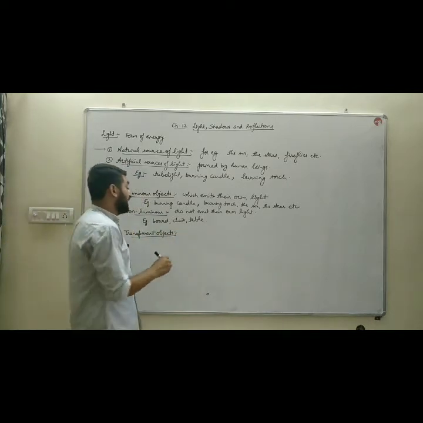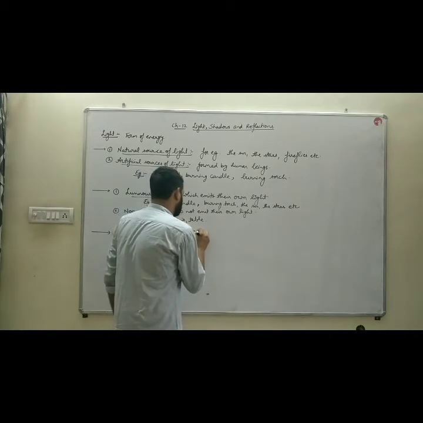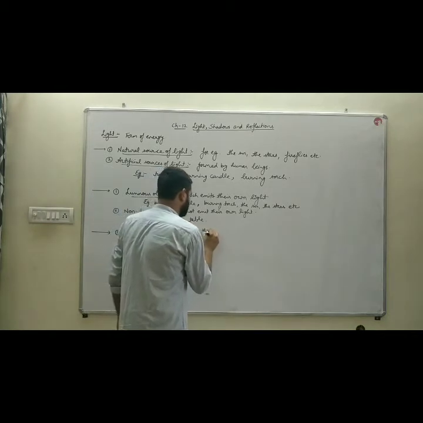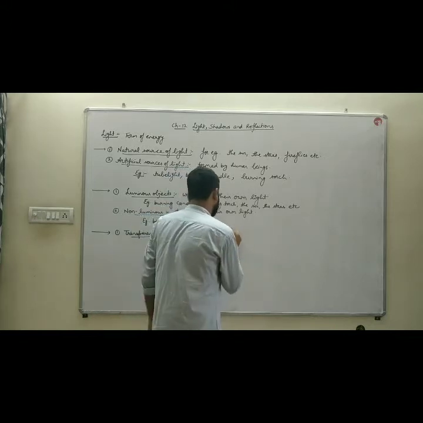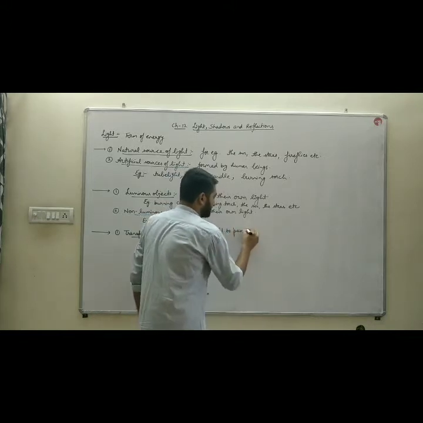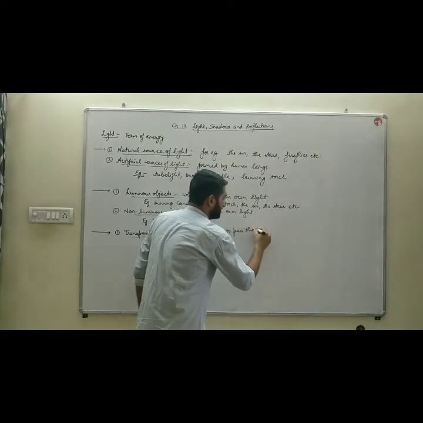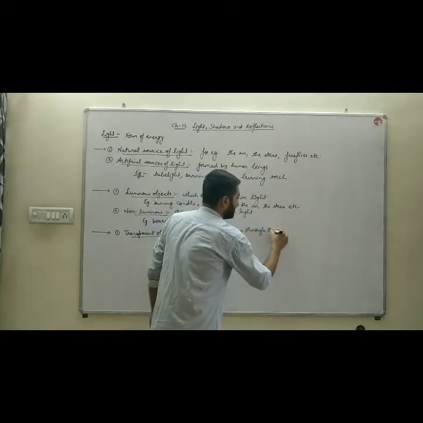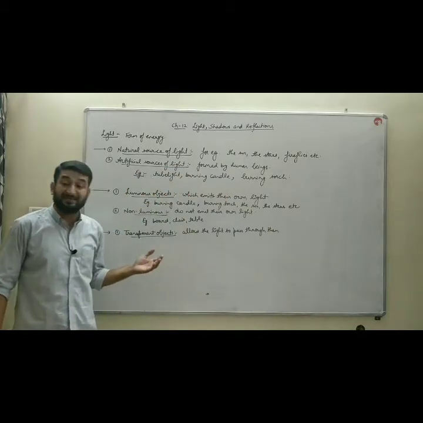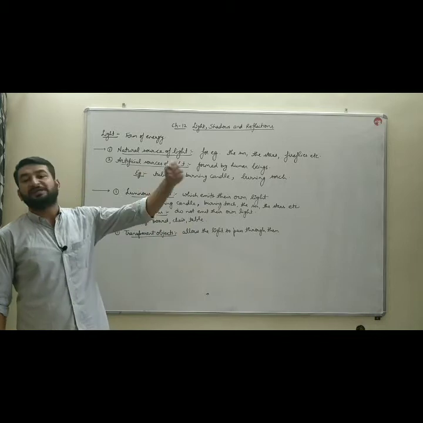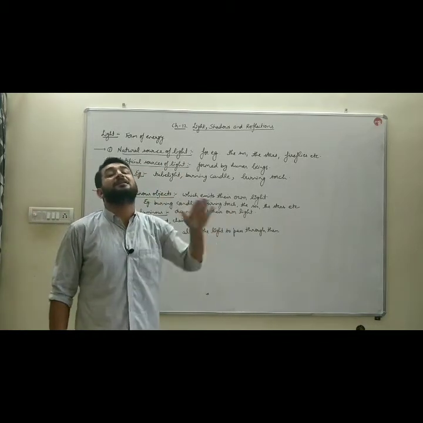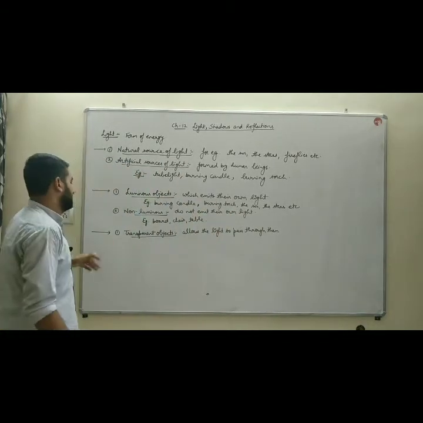The objects which allow the light to pass through them very easily, very conveniently, those objects are known as transparent objects. And as light can pass through them very easily, the objects placed ahead of them are very clearly visible to us.